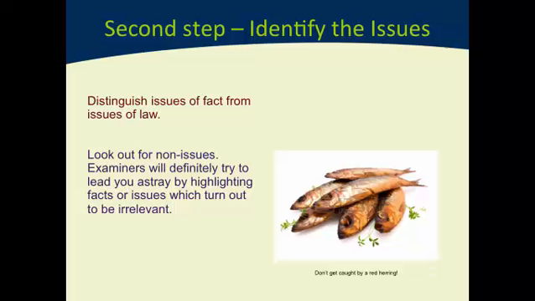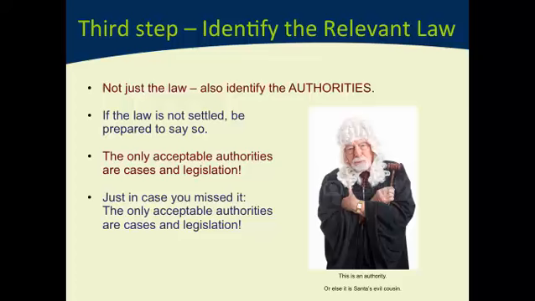Once you've identified the issues, you can then proceed to the third step. The third step is to identify the relevant law. Now, what you can see immediately is that we're probably talking about disputes of law rather than disputes of fact. So in order to resolve a dispute of law, we have to start by finding out what the law actually says.